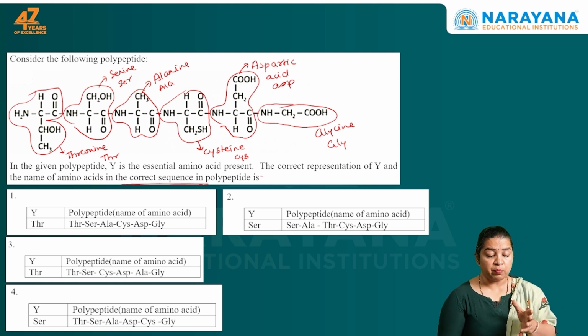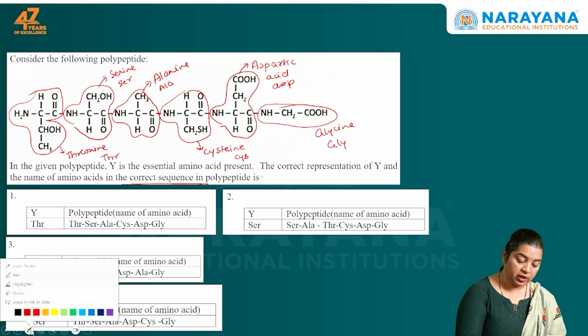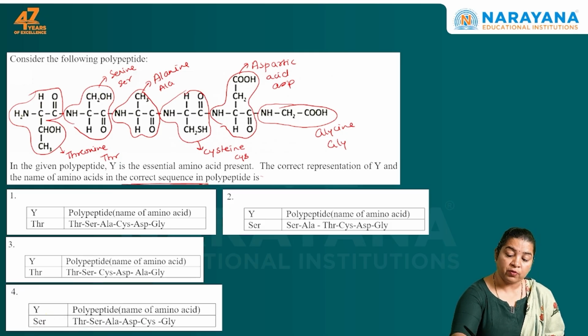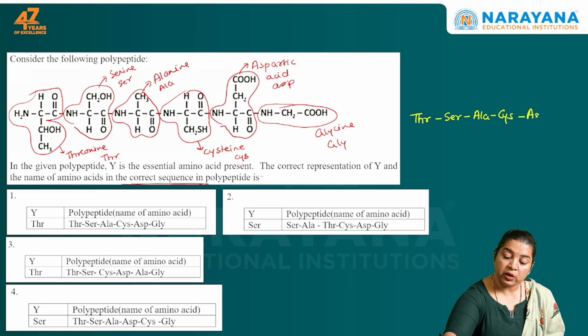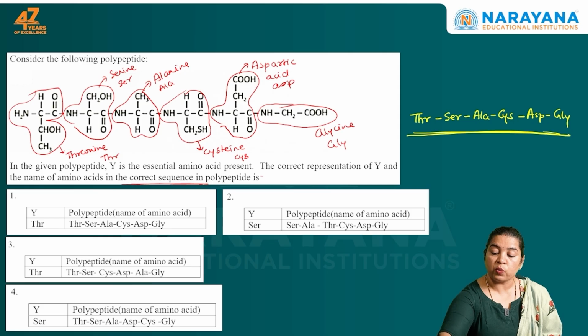In the given polypeptide chain, what we are looking for now is threonine bonded to serine, then to alanine, then to cysteine, then to aspartic acid, then to glycine. This sequence we are looking for in the options.